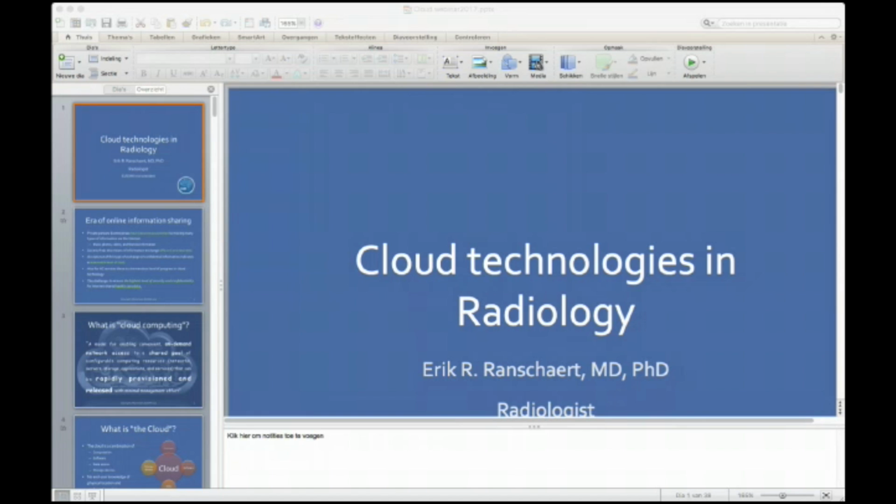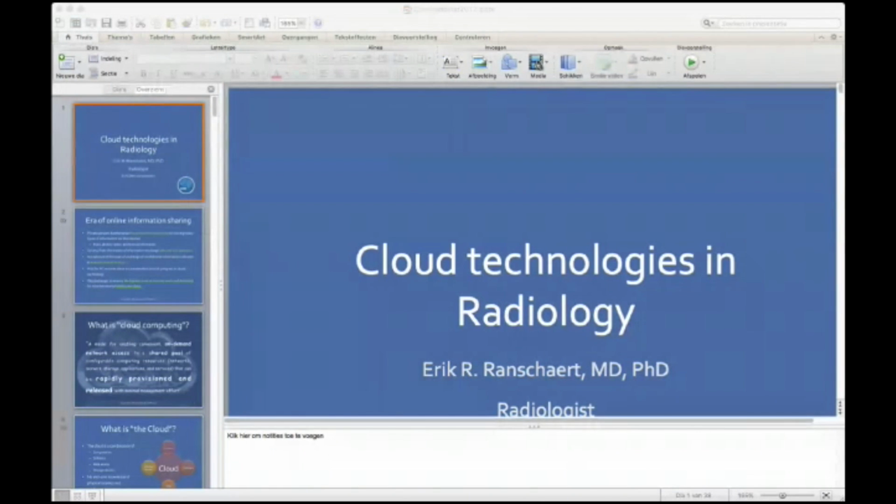These computing resources can be networks, for example, or servers, or storage capacity, or software applications, and all kinds of services. If these services are rapidly provisioned and released with minimal effort, then we talk about cloud computing. The cloud is here graphically displayed. It's an element, it's a collection.